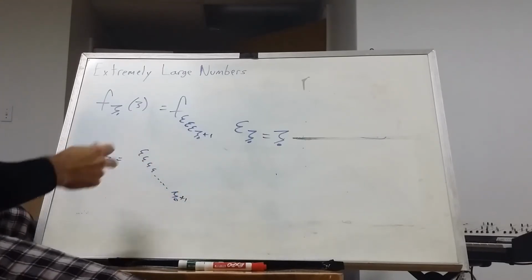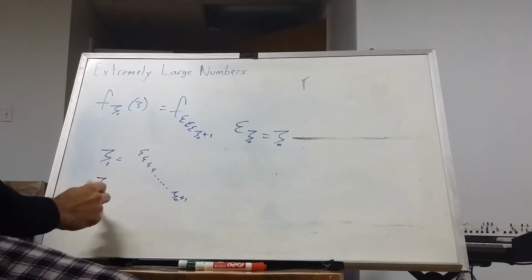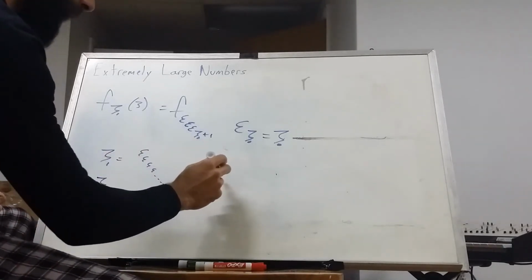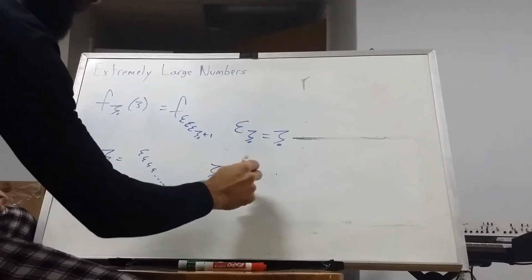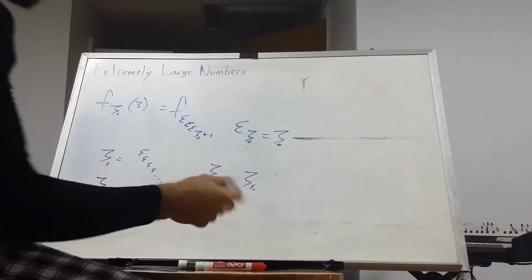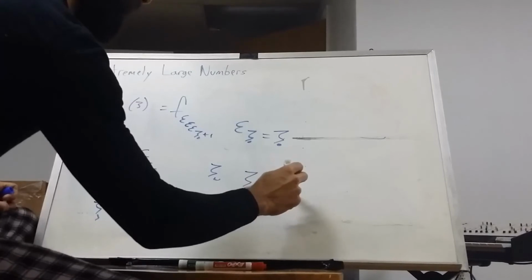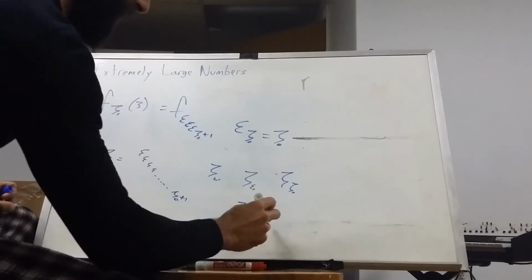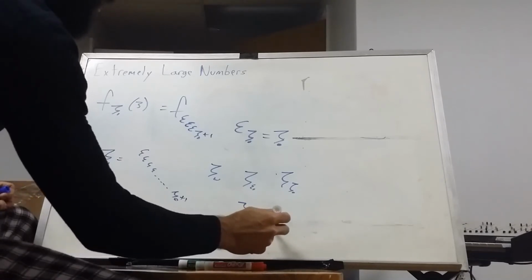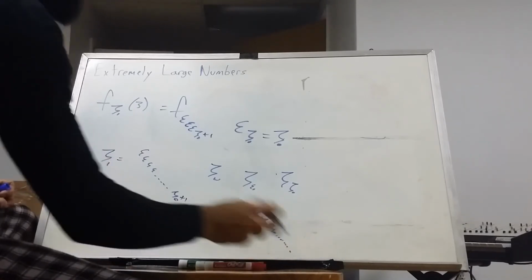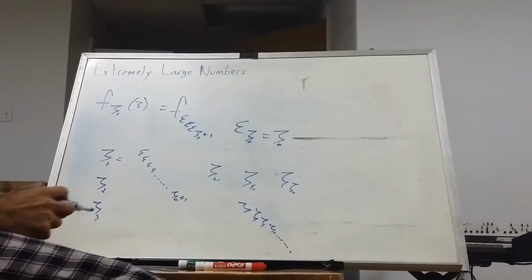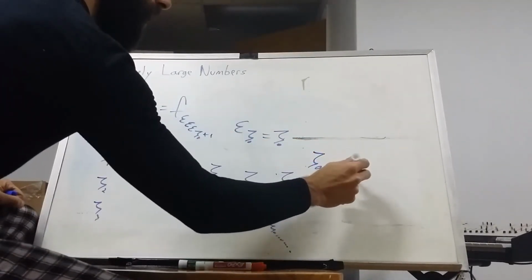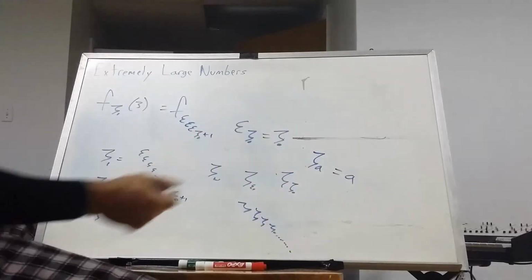We can do Zeta 2, Zeta 3, we can do Zeta omega, we can do Zeta epsilon naught, and then eventually we get to things like Zeta of Zeta naught, and then Zeta, oh, I can't even draw these things, so many. We can do this often to infinity. And that's going to be another one that satisfies the equation Zeta of A is equal to A.